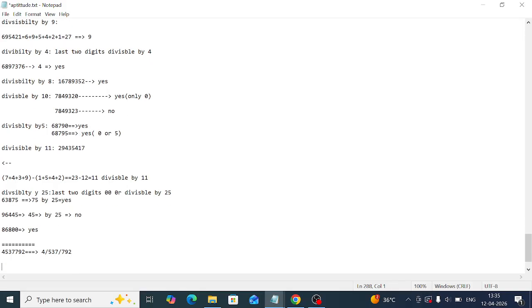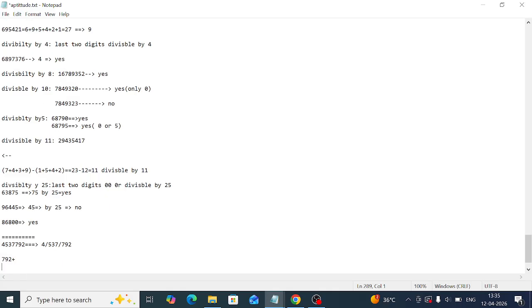Take only the odd numbers, 792 plus 4, minus 537, the even numbers. Odd numbers you take and then even numbers you take and then you subtract. Then what is the value you are going to get here?